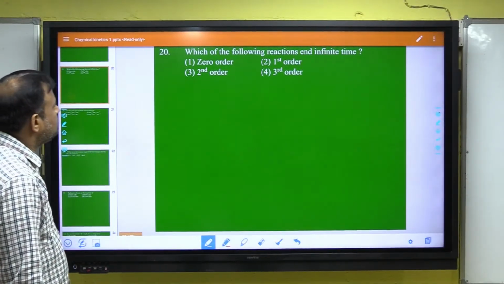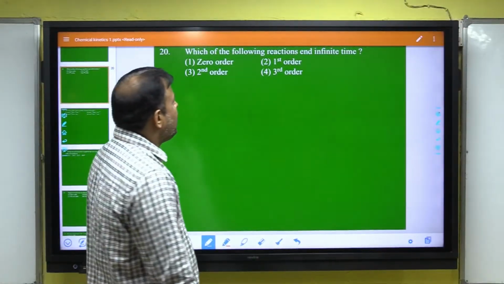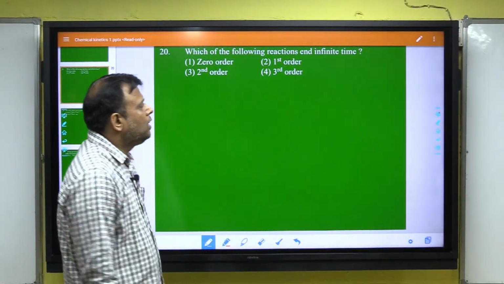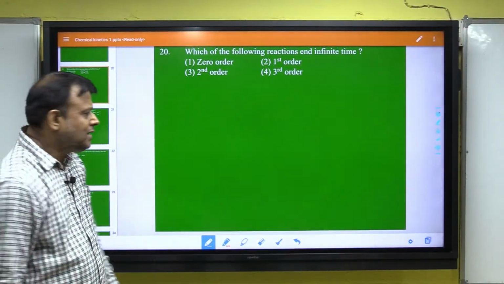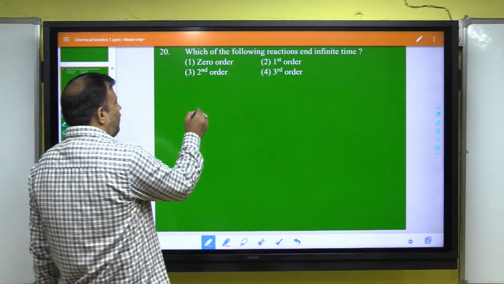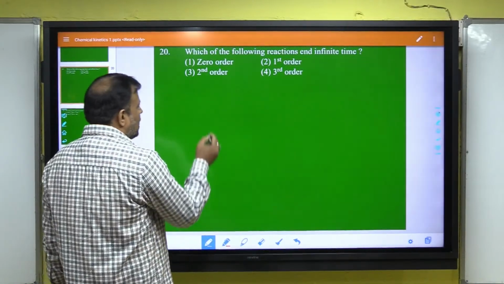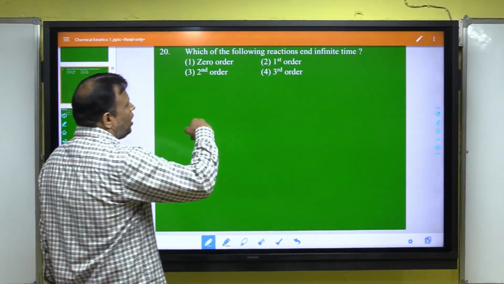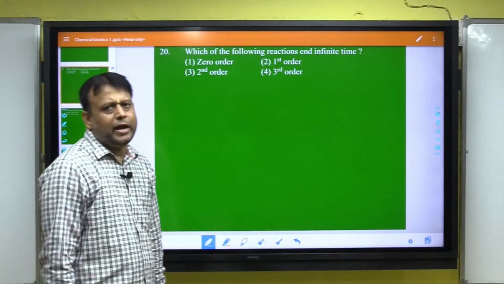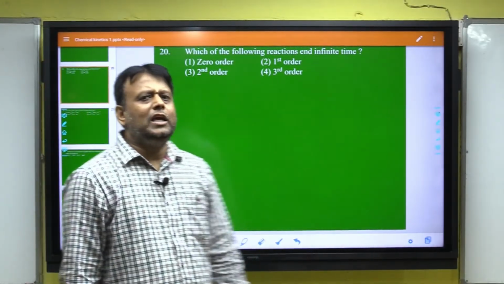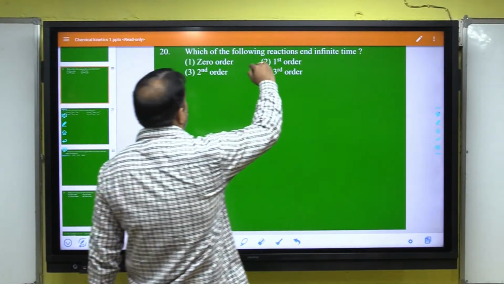Question number 20. Which of the following reaction end infinite time? Listen. First order reaction never complete. First order reaction complete in infinite time. Always keep in mind, first order reaction complete in infinite time. ये कभी खत्म ही नहीं होगा.